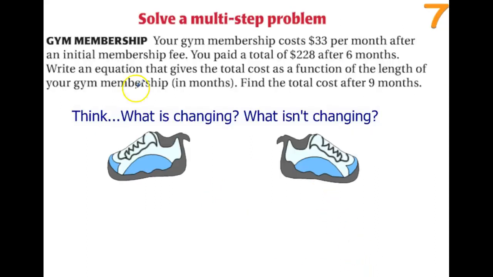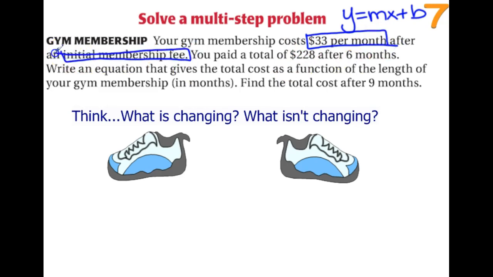Alright, 2 problems left. Solving a multi-step problem. This one, they're going to give us some sort of information, and we need to write an equation in the form y equals mx plus b, because that's what we're learning today. It says your gym membership costs $33 per month after an initial membership fee. So this initial membership fee, whatever that fee is, you're only paying that one time.